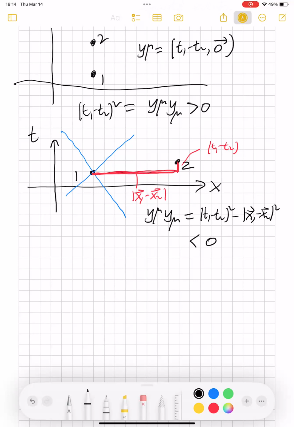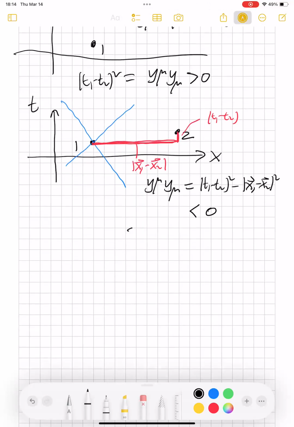When y mu is less than naught, we say that these 2 points are space-like separated. You can see this is more like a spatial separation than a time separation. They're mostly separated in space rather than time. And here is a perfect example of 2 points that are space-like separated. They really are at the same time, but they're separated by some space difference. I hope that gives you some intuition about why we call these 2 events space-like separated.